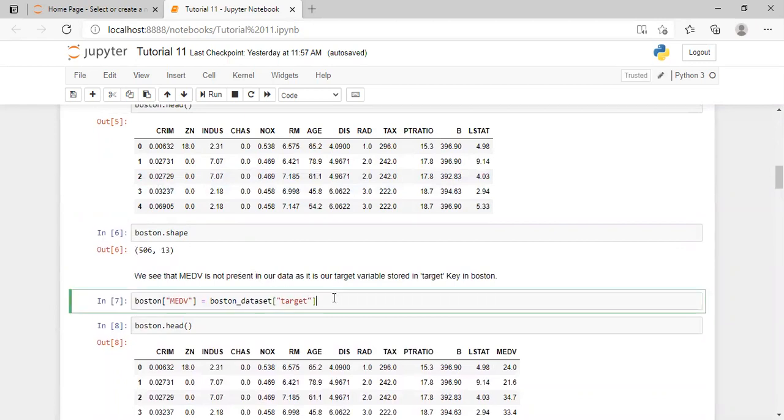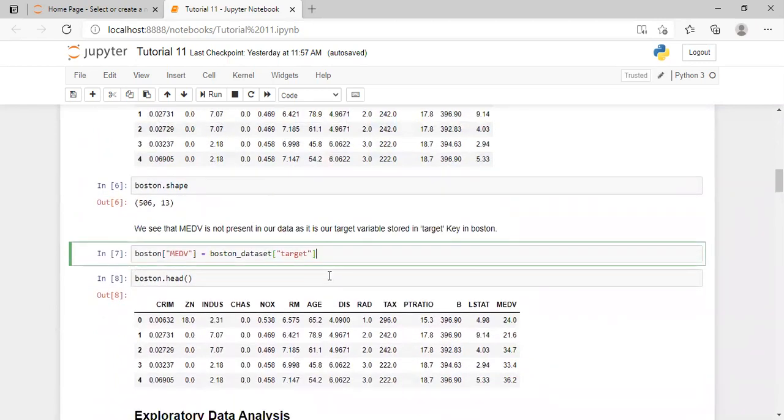Now I would be using the target column, which is stored separately in the Boston dataset. In scikit-learn, they have separated the target variable from the features, but I want to merge both of them to get a better feel of my data. So now what I'm doing is introducing a new column in my Boston data frame, and the column name would be MEDV.